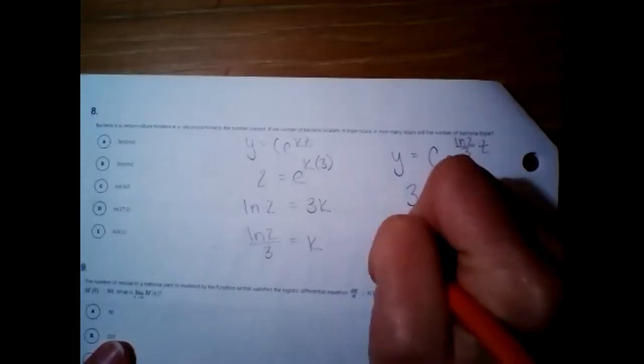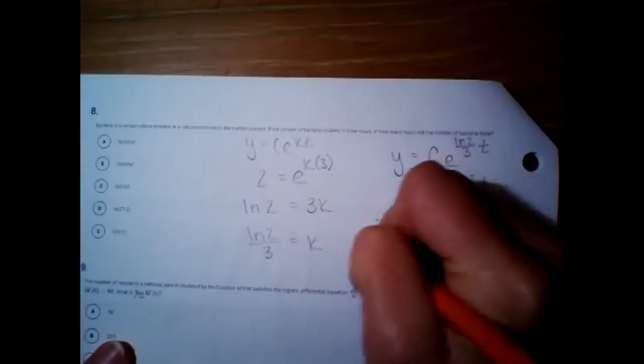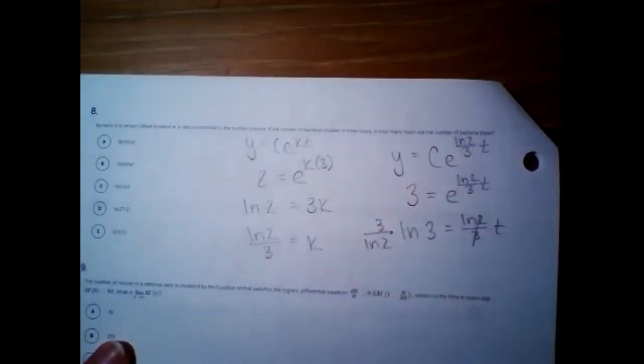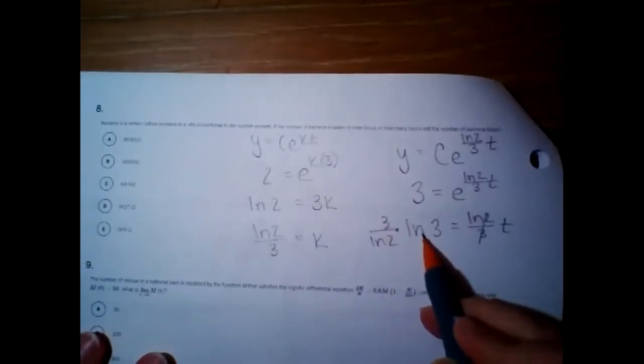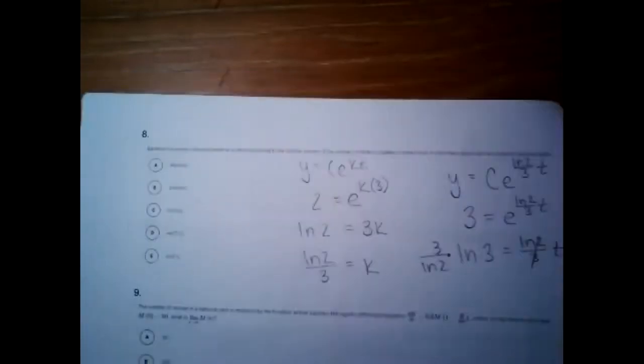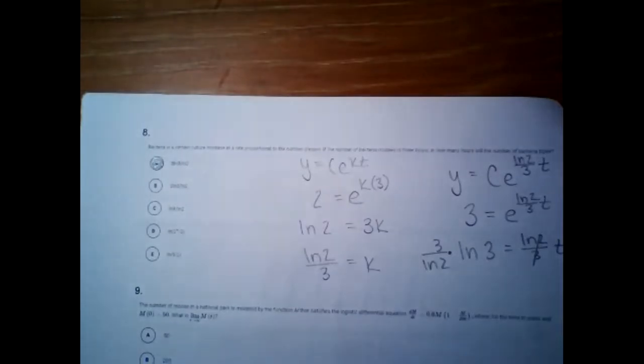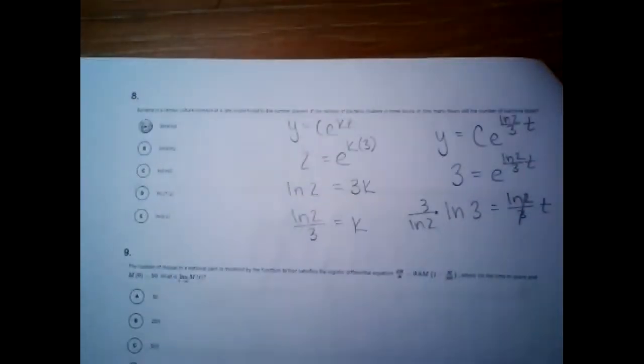So we're going to multiply by 3 over ln of 2 to get that to cancel out. So this would be 3 ln of 3 over ln of 2. Let's see which one that is. 3 ln of 3 over ln of 2. That is A. That one was weird because you had to leave it with all the ln's in there, so it ended up looking really crazy.